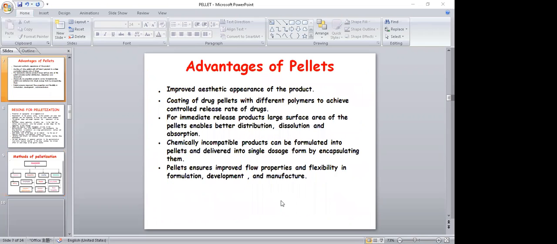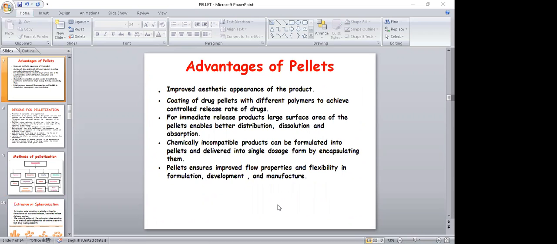The next point we are going to discuss is the advantages of pellets. The first advantage is that pellets increase the appearance of the product.